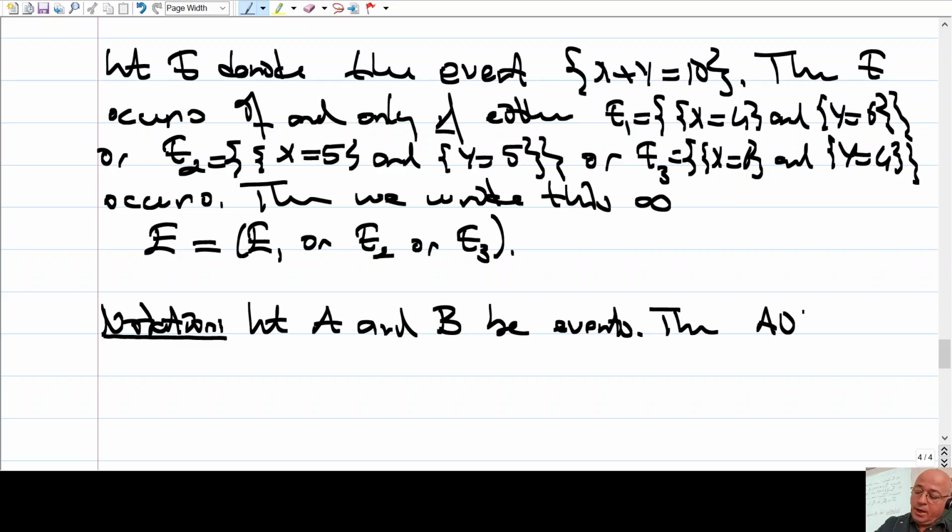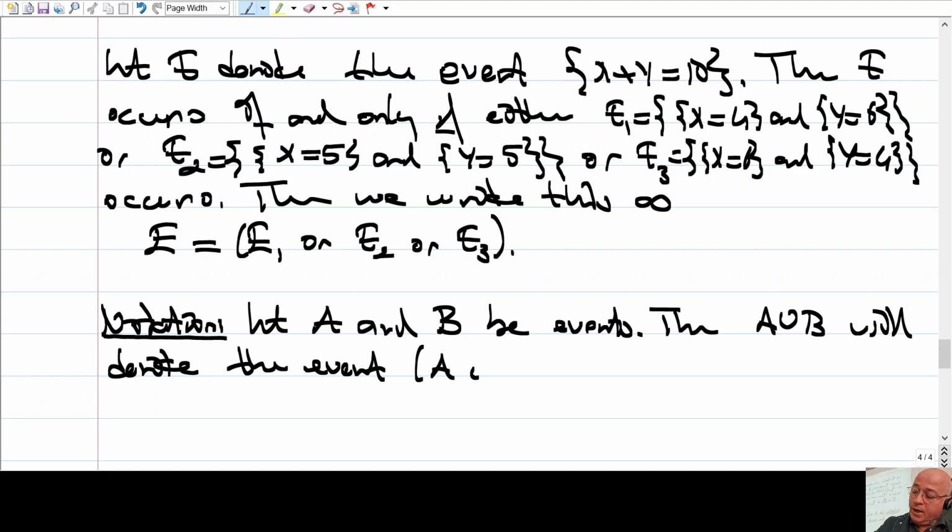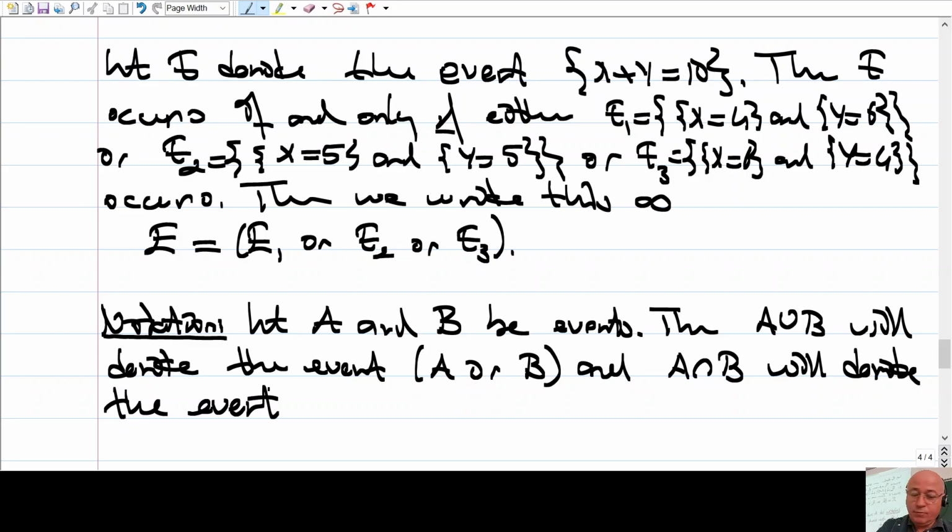Then A union B will denote the event A or B. So the event that either A happens or B happens will be denoted by A union B. Similarly, A intersection B will denote the event A and B, the event that A and B happen simultaneously.